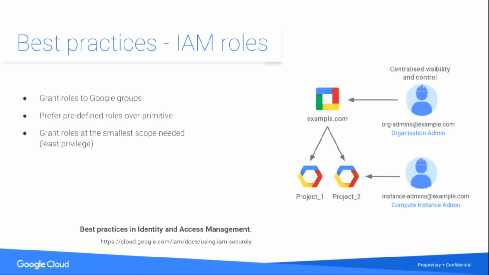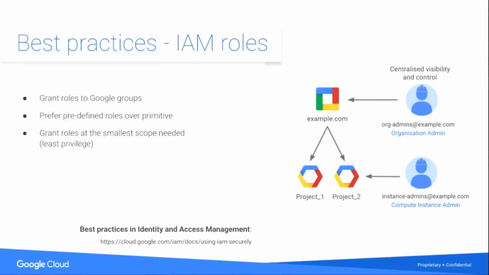And this basically gives you a higher layer of abstraction so that if someone leaves, you're not going to lose access, for example, to your instances or to your whole organization, hopefully. The second one is using predefined roles in Google Cloud Platform instead of individual permissions. We've got a whole suite of predefined IAM roles, and we've actually got the ability to create custom roles coming very soon.